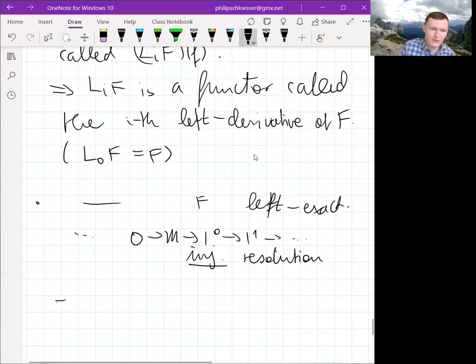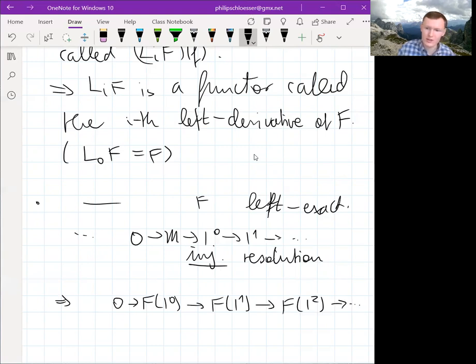Then we can apply F to that thing, again scrapping the first object: 0 to F(I0) to F(I1) to F(I2) and so on.